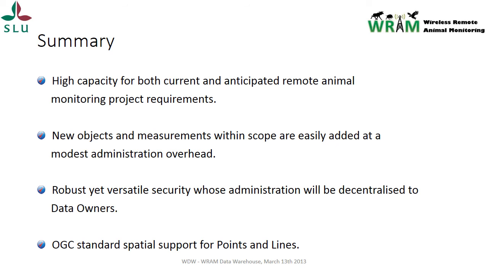Object orientation and serialization facilitate adding new objects and new measurements easily, while keeping administration overhead to a minimum. Spatial support has been extended to provide spatial points and spatial lines. The system implements a security model which is both robust and versatile, and which will be comfortably managed by respective data owners. Thank you for listening.